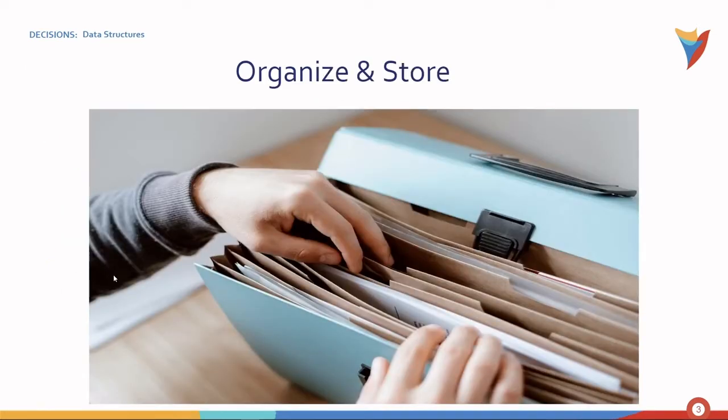Now, I assume that as we're starting out here today, everyone watching, listening, knows what a data structure is. But if not, let's briefly discuss it. At its simplest form, a data structure is just a way to organize and store data, organize and store objects.